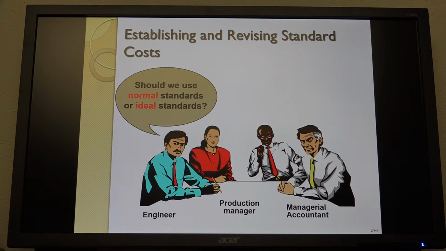The question the engineer is asking is, should we use normal standards or ideal standards? By far the consensus is that management, when setting up these standard costs, should use normal attainable standards, not some pie in the sky ideal, because if standard costs are unattainable, it's going to result in dysfunction and low morale.